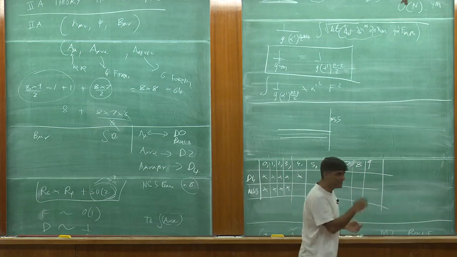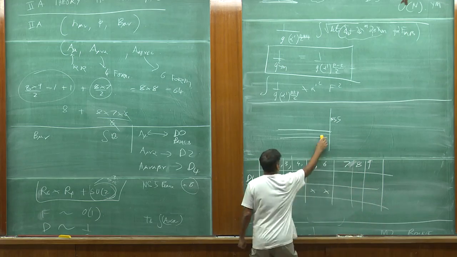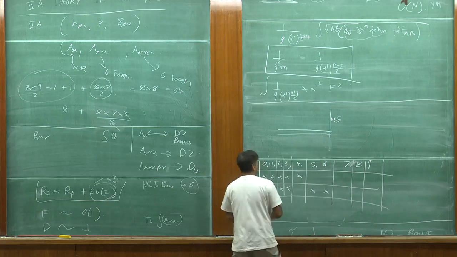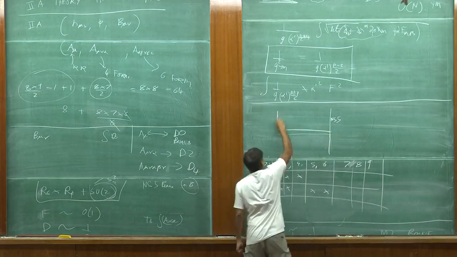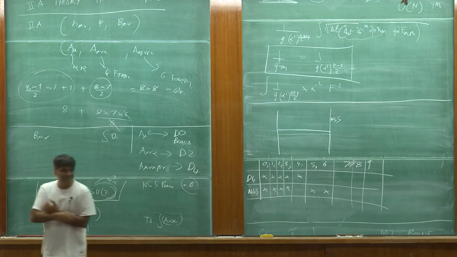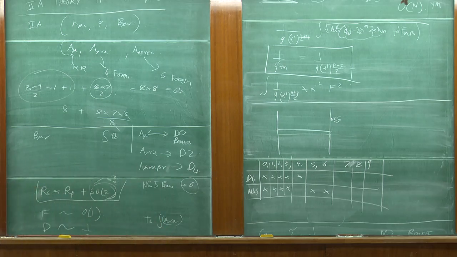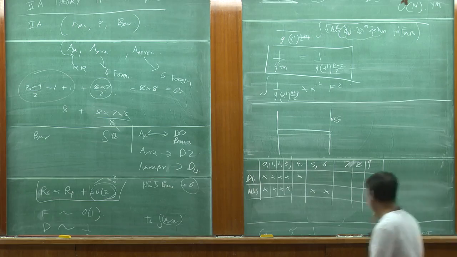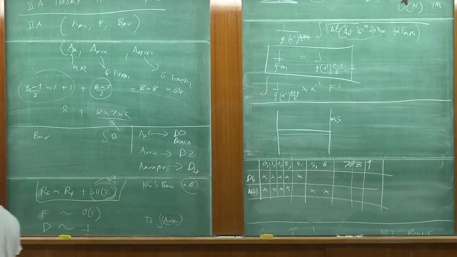Or you put more 5 branes like this. And in order to obtain the n equals 2 theory that we studied before, Witten is going to look at this configuration: 2 NS5 branes joined by 2 D4 branes. Now what is the idea?